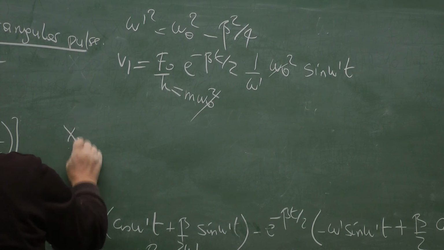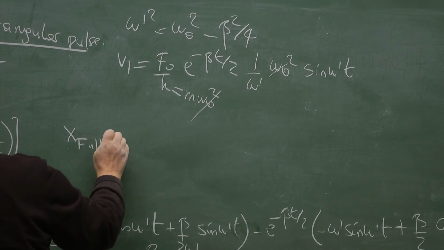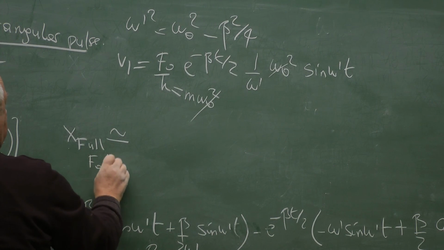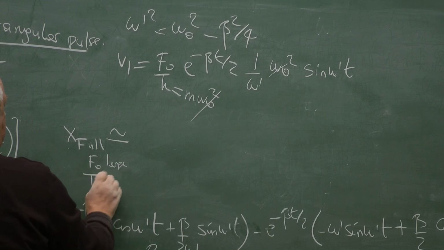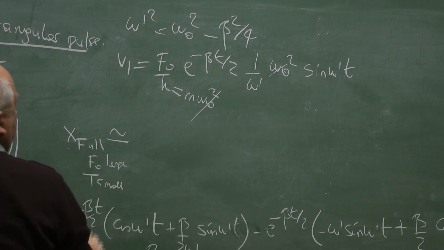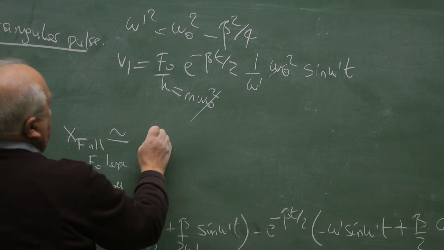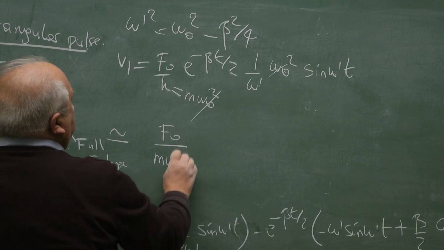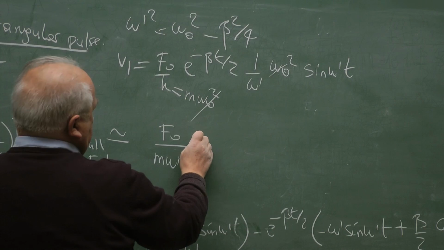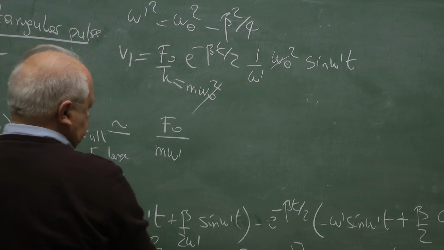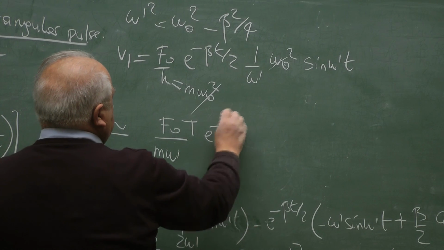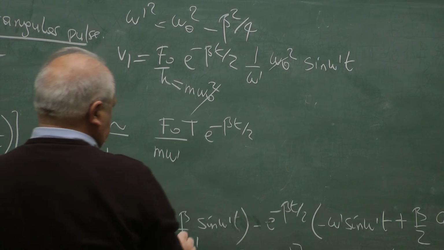So x full, in the f0 large, t0 small limit, is f0 over m omega prime, and we had f0 t0, times e to the minus beta t over 2.